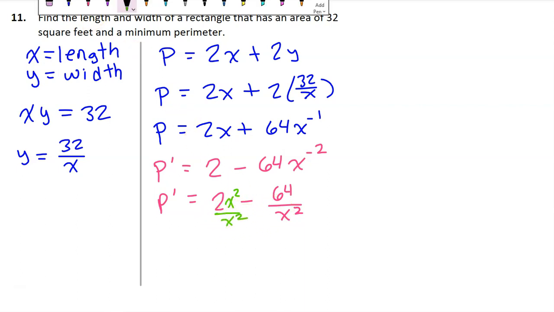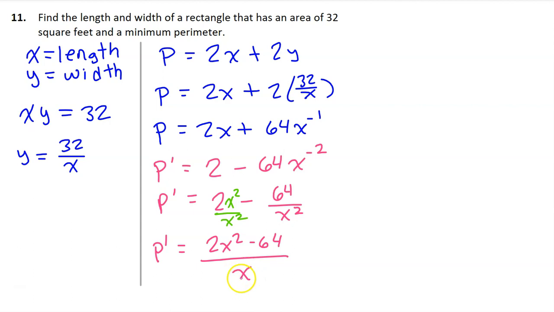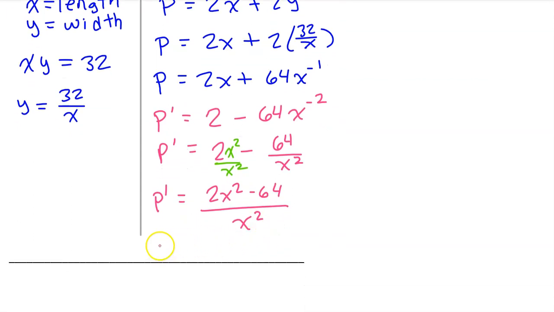That gives us like denominators, so p prime will equal 2x squared minus 64 over x squared. Let's go ahead and factor out that 2. So p prime will equal 2 times x squared minus 32 over x squared.